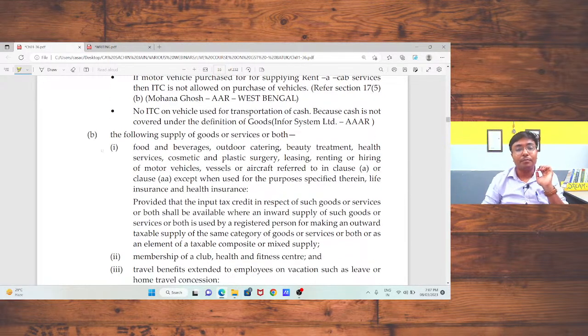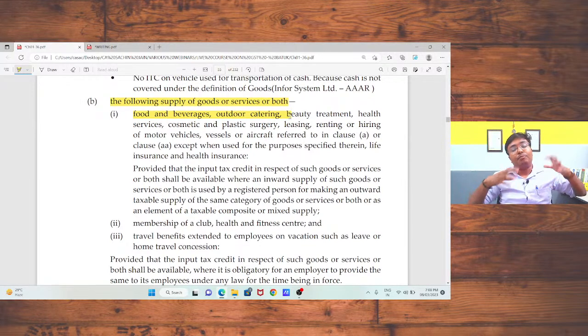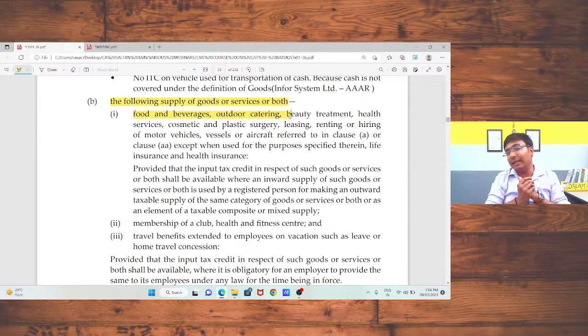Okay sir. Now, the following supply of goods or services or both, that means food and beverages, outdoor catering, beauty treatment, health services, cosmetic and plastic surgery, leasing, renting, hiring of motor vehicles, vessels, aircraft. In that case, the input tax credit related to those particulars is not allowed. That means if someone is providing beauty treatment services, the input tax credit is not allowed.